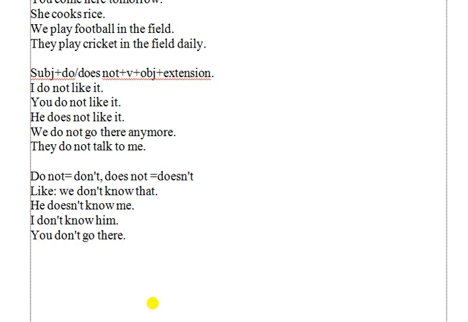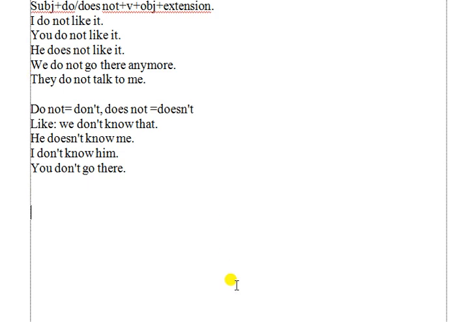We can also make our interrogative sentence. When we make an interrogative sentence, we have to use do or does at first, then the subject, then the verb, then the object, then the extension.